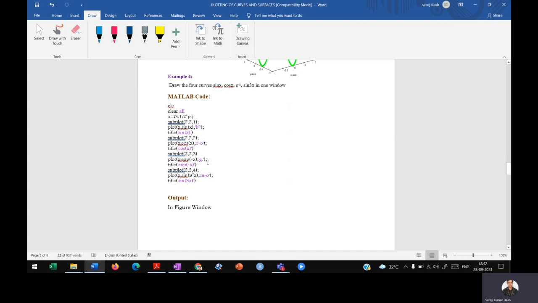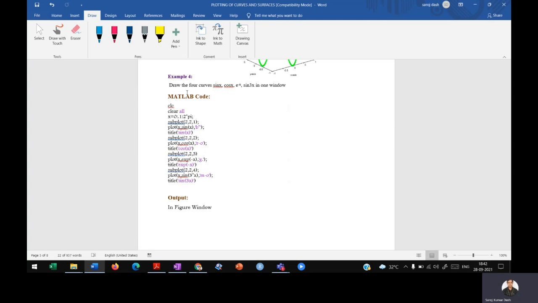Now I will tell you about how we use subplot. What is subplot? Subplot means suppose you want to draw 4 figures in the same window, then how do you do it? We divide the window into 4 parts and draw one figure in each part. So in MATLAB we use subplot.